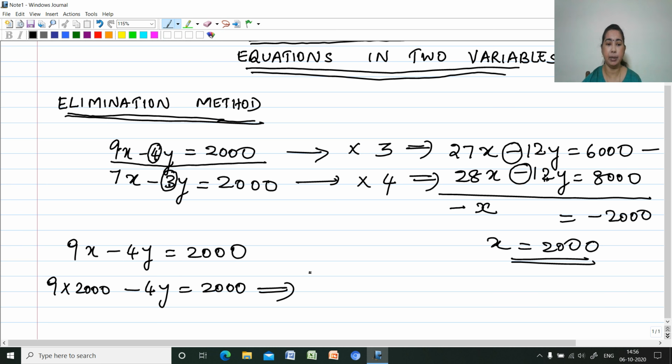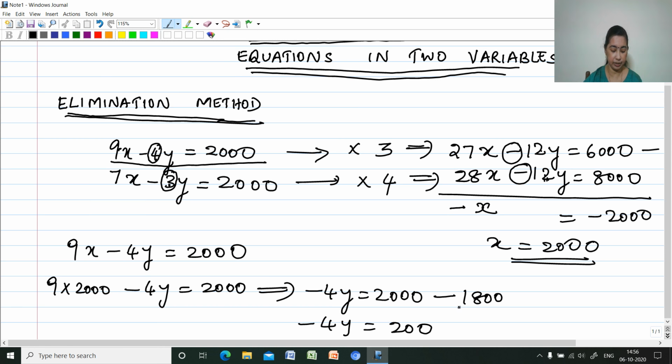That is, minus 4y is equal to 2000 minus 18,000. So how much is the value of y?